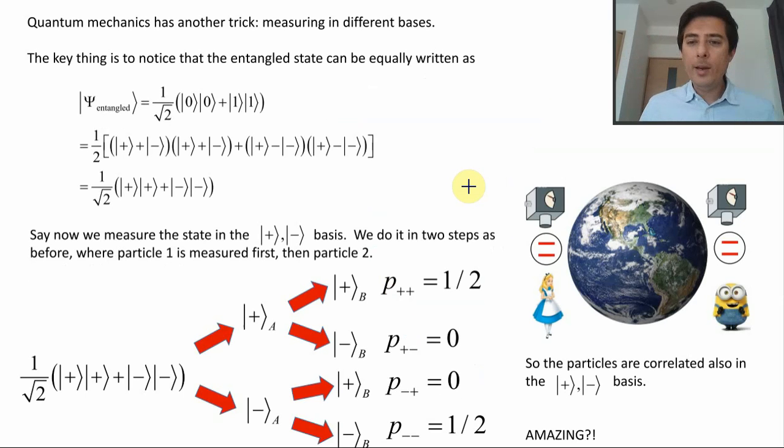But here's where it does get kind of amazing. Quantum mechanics has another trick, where you can measure the state in different bases. The key thing to notice is that the entangled state can be rewritten in terms of this plus-minus basis.